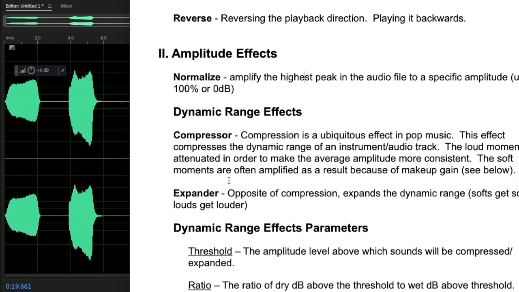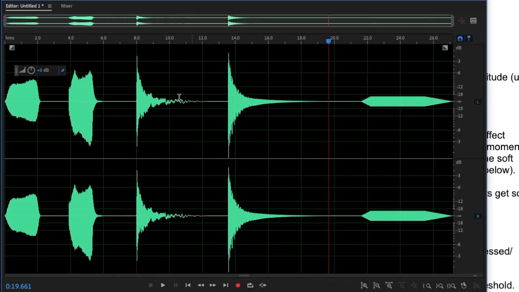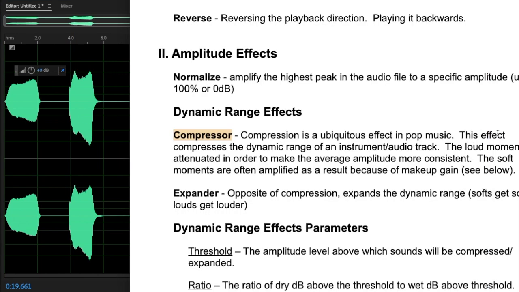The other two amplitude effects we're going to talk about are dynamic range effects. They're the compressor and the lesser used expander, which is just the opposite of the compressor. Compression is a very simple concept. It's just rather tricky to get good at using it. Any of you who are interested in mixing music should definitely research how to do compression well.